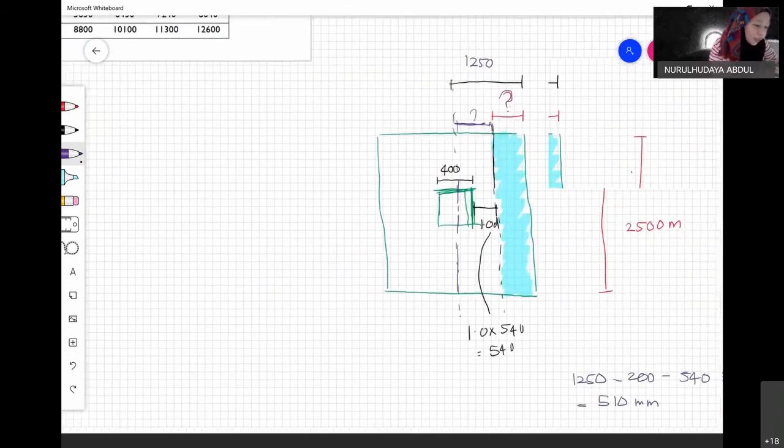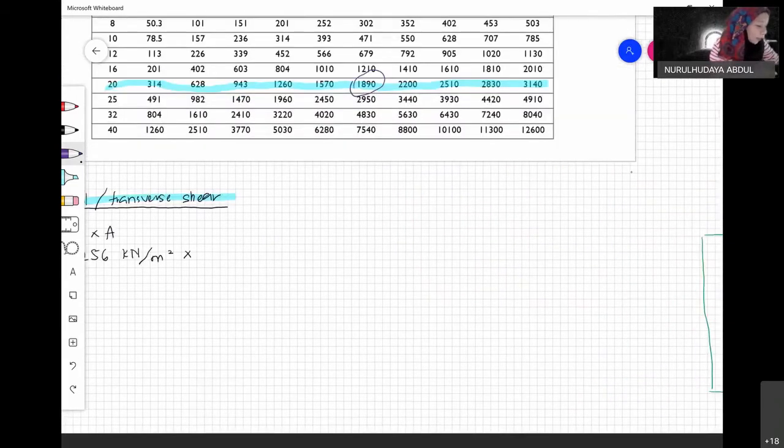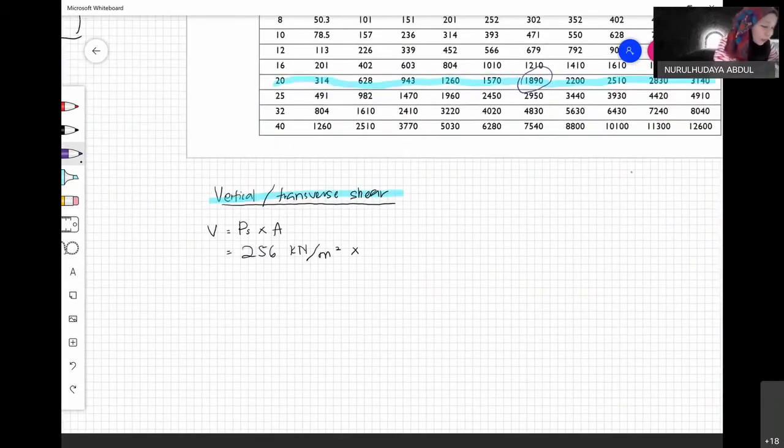So obviously it is 2500 mm darab dengan 510, lebar this one. Ini adalah 510. So kita tukar dia into meter. 510 tukar meter jadi 0.51.